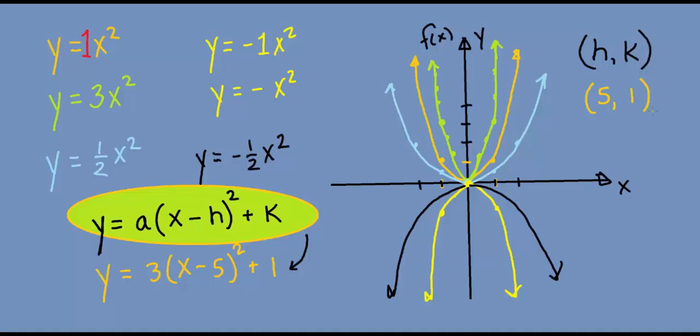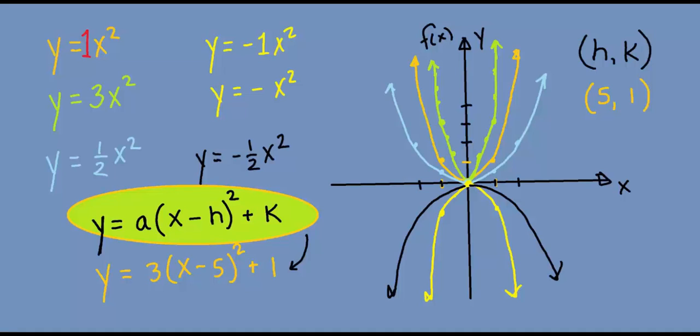Now notice, remember the h, the horizontal slide, we said was the opposite direction. So notice the formula works because when we see this negative 5, the actual vertex is positive 5. And then the k part, the y coordinate of the vertex, is straightforward. It's just the 1. It's what's right there.